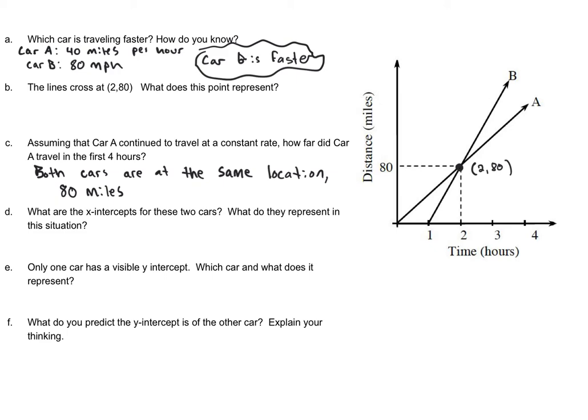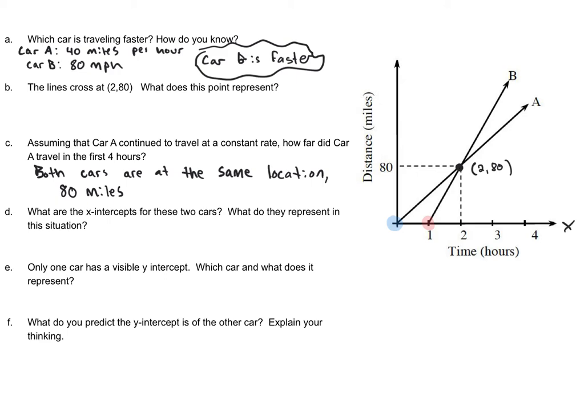Okay, so what are the x-intercepts for these two cars and what do they represent about the situation? So starting with car A, our x-intercept is right here, and car B, our x-intercept is right here. Because again, this is your x-axis and your x-intercept is where those meet.